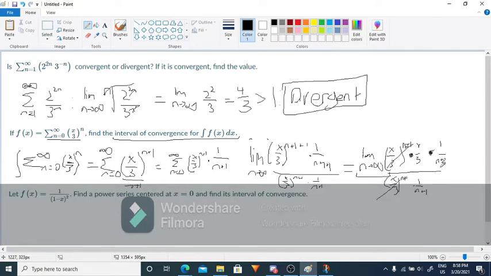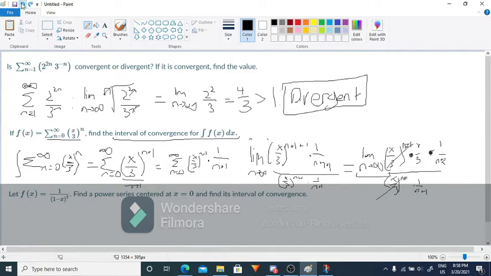Which means that we only care about their leading coefficients, and since they're both 1, they actually cancel. So we can only cancel these when we're doing the limit as n approaches infinity, because they have different denominators. They're not actually the same number, but we can when we're doing limits. And so these two will cancel, which means our answer is just x over 3.